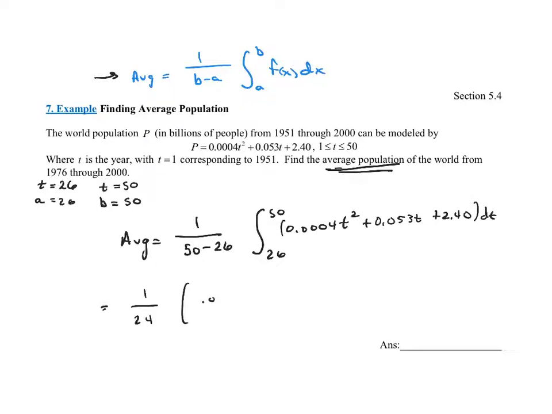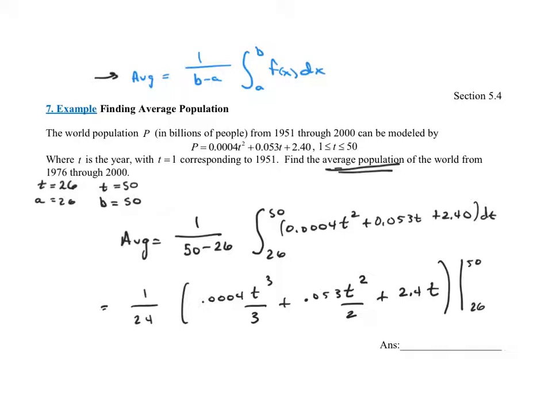Well, that would be 0.0004 times t cubed over 3, plus the integral of 0.053 t would be 0.053 times t squared over 2, plus, and the last one I'm just going to write as 2.4 t, because any time you integrate a constant, you just add the variable. And this is once again from the numbers 26 to 50.